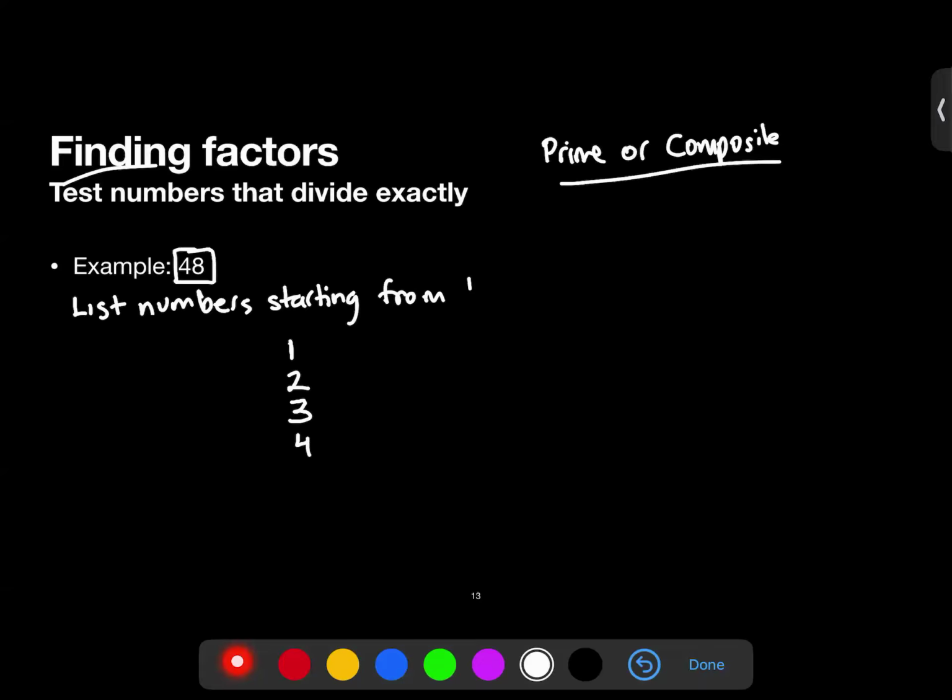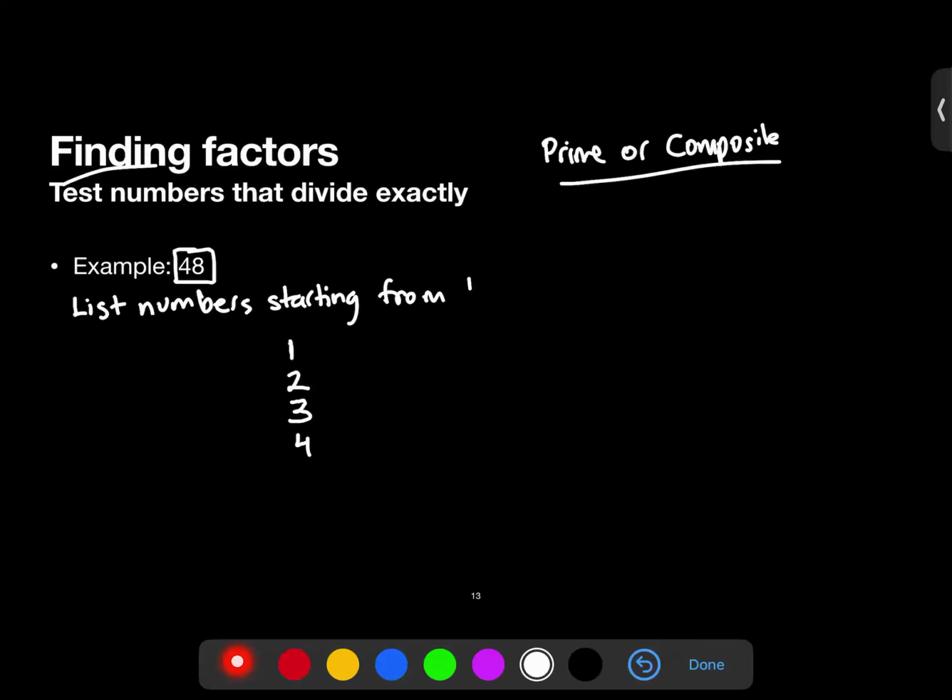Then we'll try 4. Is 4 a factor? Correct. But now we have 5. Is 48 divisible by 5? No, it's not. Correct. So 5 is not a factor. So we'll get rid of 5.